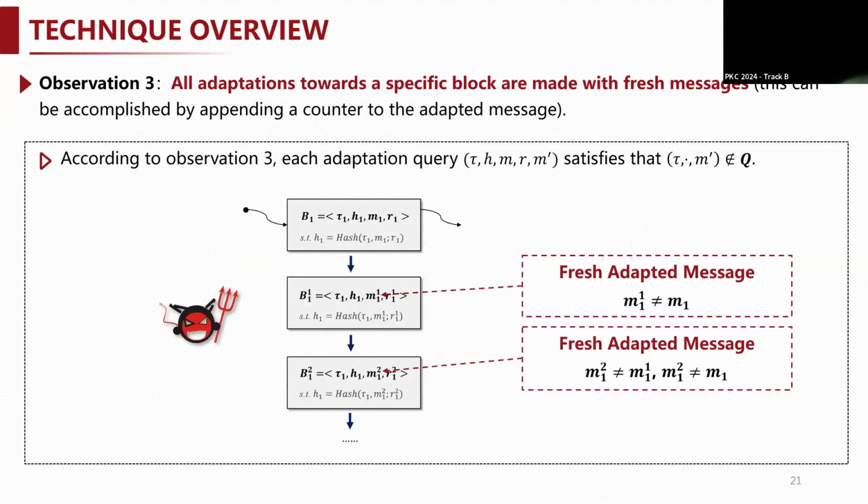And our third observation is that all adaptation queries towards a specific block are typically made with different messages. In fact, we can ensure this by appending a counter to the message. Consequently, we can assume that all messages with respect to the same tag in adaptation queries are different.